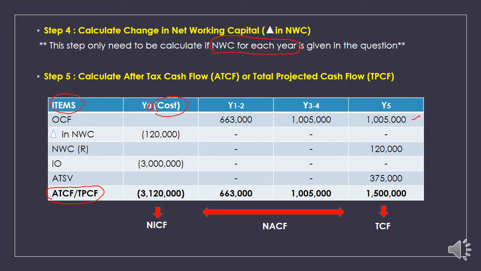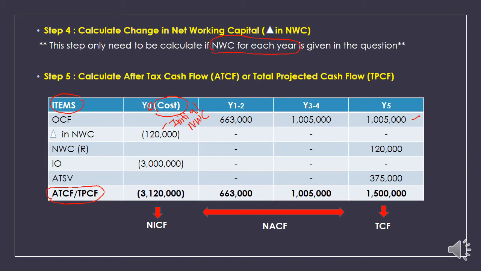Then for the second item, which is change in net working capital, we will start with the amount at year 0, which represents the cost. At year 0, you will include the initial net working capital given in the question. In the question, it was mentioned the initial net working capital is equivalent to 120,000.